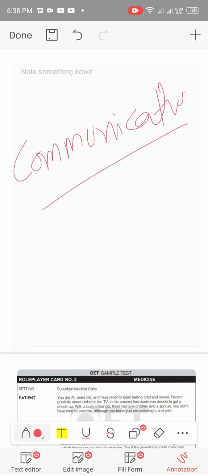If you are talking to somebody and he is responding to you, that is communication. It's not that you're just talking and he is saying okay, okay, okay. That is not communication. You need to involve the next person. So OET speaking is about your effective communication and not about your knowledge at all.